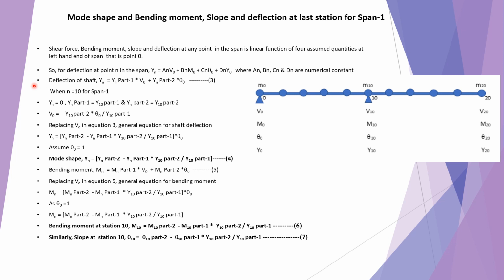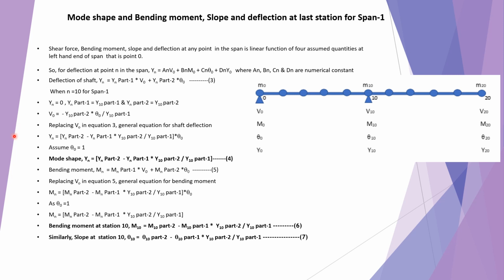Deflection of the shaft Yn = Yn part 1 into V0 plus Yn part 2 into theta 0, equation number 3. When n is 10 for span 1, Y10 is 0 because deflection is 0, so V0 = -Y10 part 2 into theta 0 upon Y10 part 1.